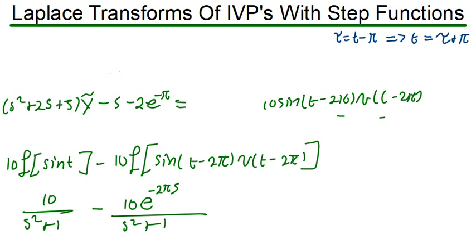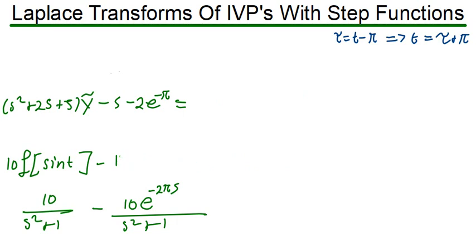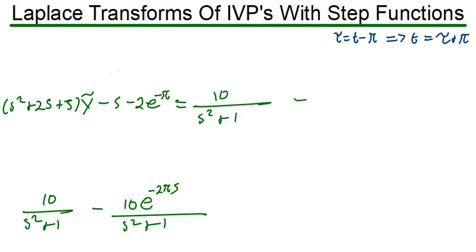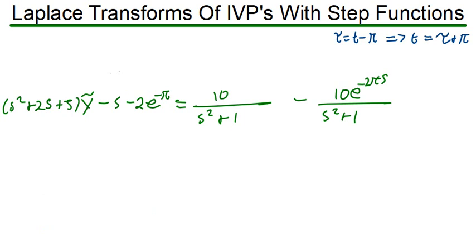So how is this going to end up? This is equal to 10 divided by s squared plus 1, minus 10 e to the minus 2 pi s divided by s squared plus 1. I can choose to simplify this. Since the denominator is common, I'll write this as 10 minus 10 e to the minus 2 pi s, divided by s squared plus 1.